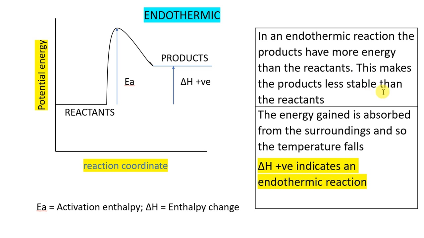That makes the product less stable than the reactants. And the energy gained is absorbed from the surroundings, and so the temperature falls. Delta H positive indicates an endothermic reaction, meaning that the particles themselves gained energy when the reaction happened.